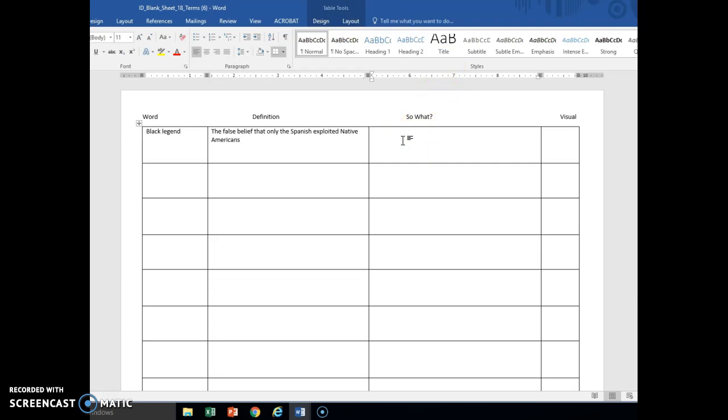The most important part for me is the so what. Why is this significant? Well, truth be told, and this is one way to write it: English, Spanish, Portuguese. I'm not going to include the French in there. All exploited the Native Americans in some way.